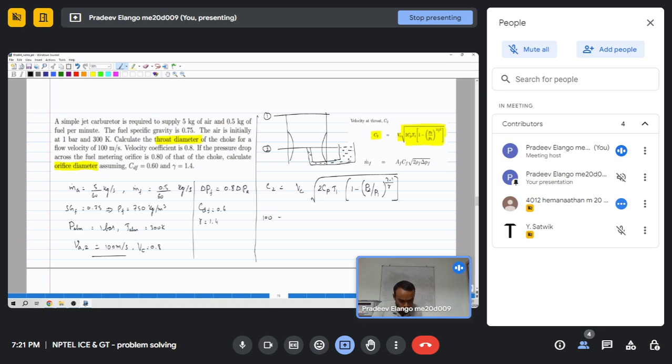So 100 is equal to Vc, given as 0.8 velocity coefficient, and Cp is not given, but we know the Cp for air, right? Cp for air is 1005 joules per kilogram Kelvin. This is 1005 into T1, given as 300 Kelvin, into 1 minus T2 by T1, power gamma minus 1 by gamma. The gamma value is given as 1.4, so we have 0.4 by 1.4.